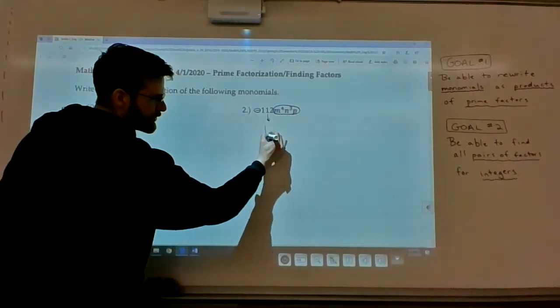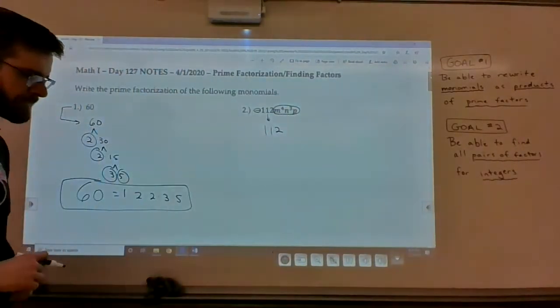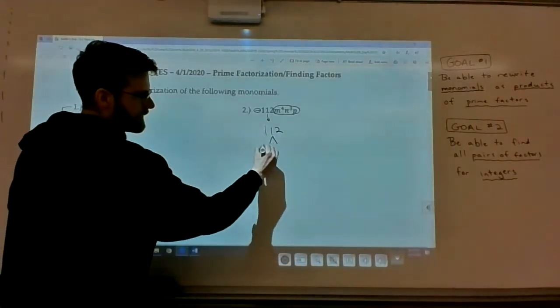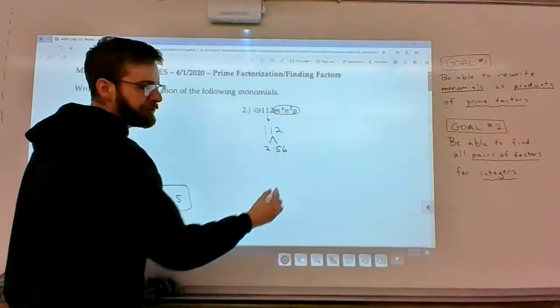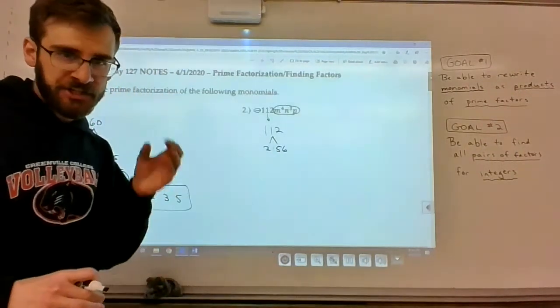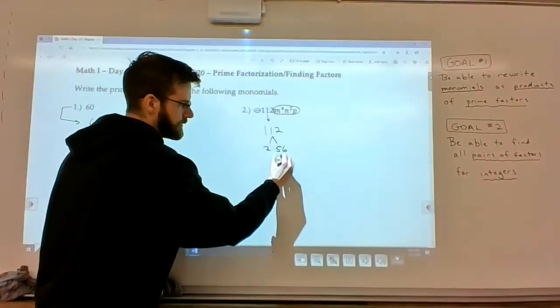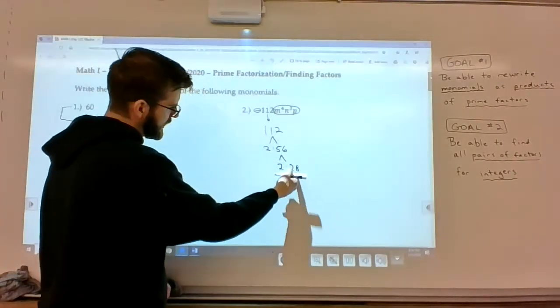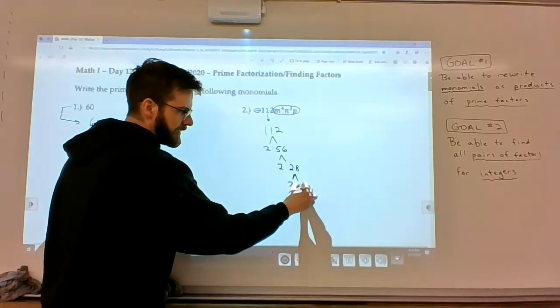So think about 112. 112 is divisible by 2. Half of it's 56. Feel free to use a calculator, by the way, to make the burden of computation less. Cut 56 in half, that's 28. We get another even number, cut that in half. You get 14.